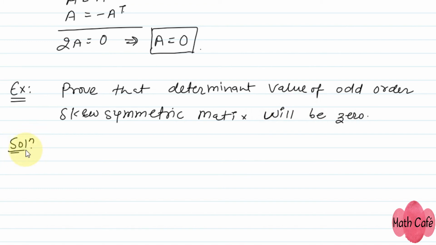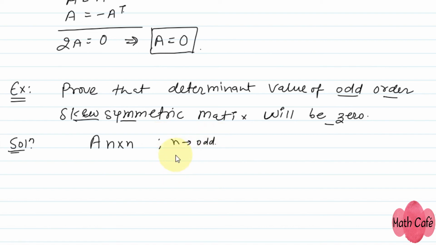In the question, we need to find the determinant value of an odd order skew symmetric matrix. So it is given that A is of n cross n order, where n is odd.